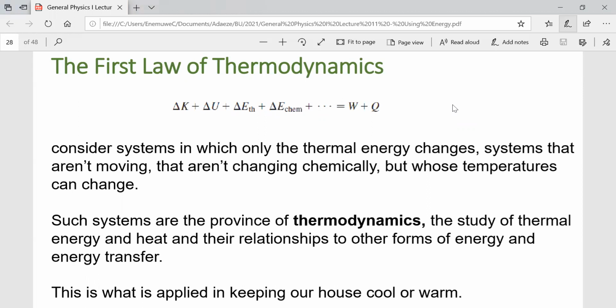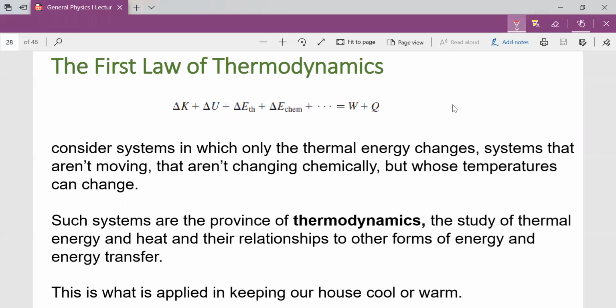So we see that this simple equation appears to look like the work energy equation without the Q. Without the Q, it's the work energy equation, but with the Q, it's the modified work energy equation. And this is the expression for the first law of thermodynamics.